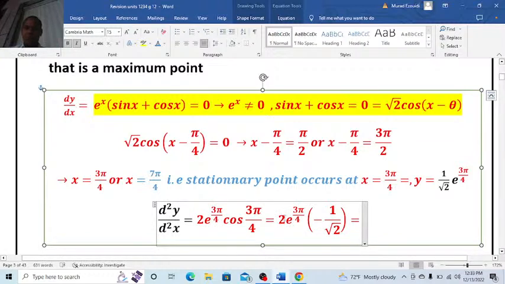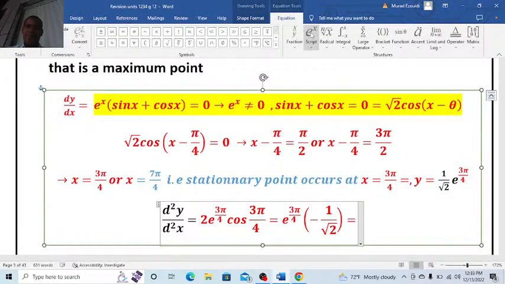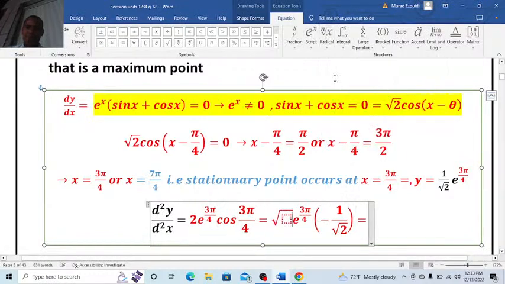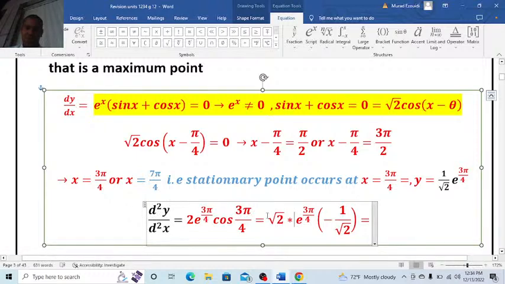Because this is 2, you can write 2 as root 2 all squared. This is root 2, multiplied by root 2, which gives us 2 in fact.